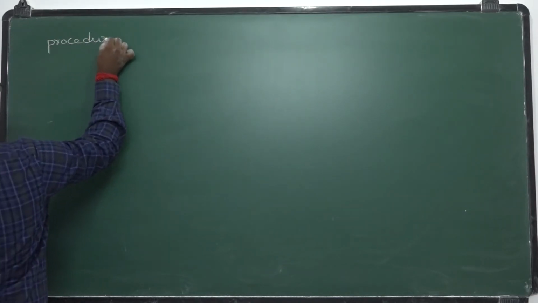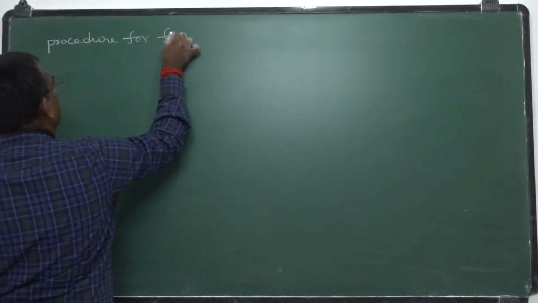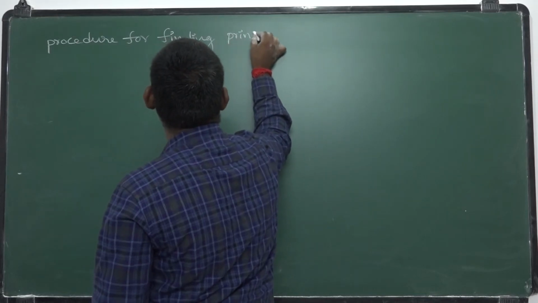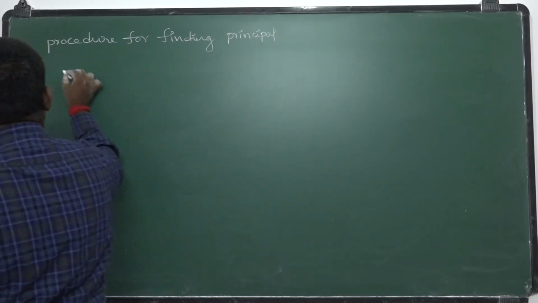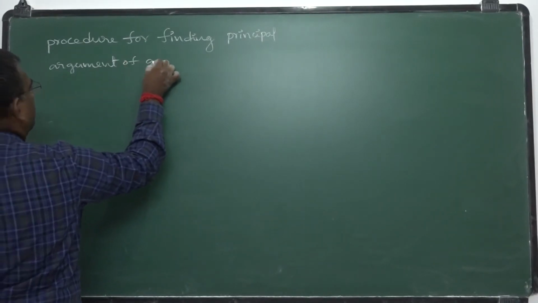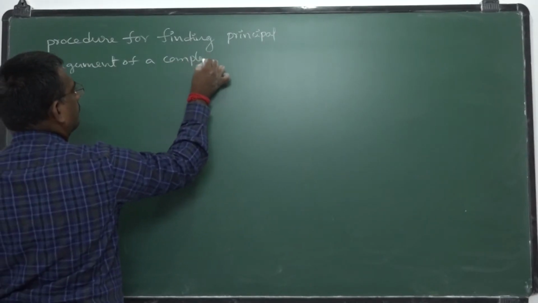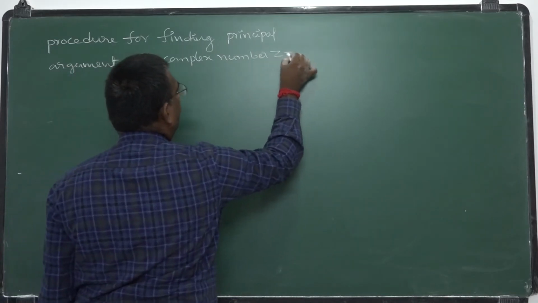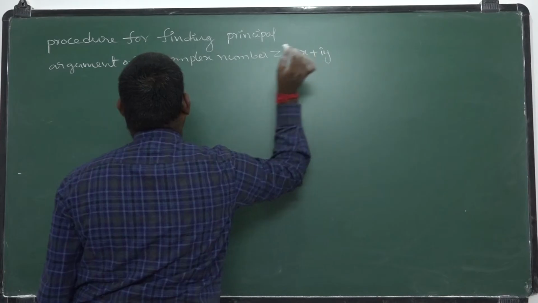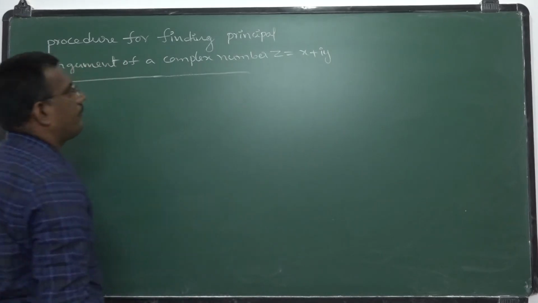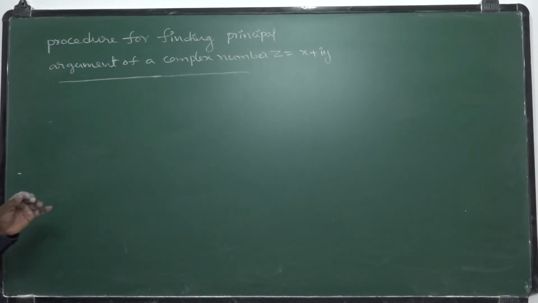Now we discuss procedure for finding principal argument of a complex number z equal to x plus iy. So how to find the principal argument of a complex number?